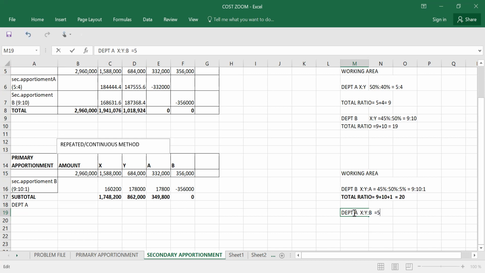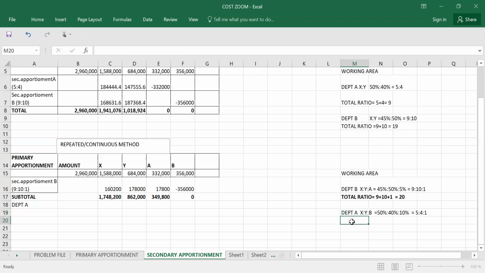So it is 50% to 40% to 10%. That's all. Okay. This will give a ratio of, now reducing by 10, we're getting 5 to 4, then to 1.